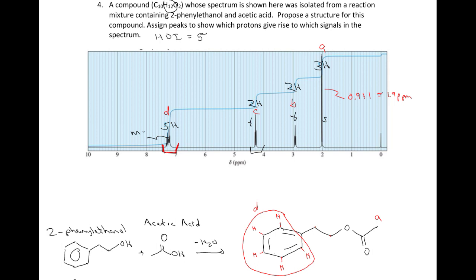So 1.2 plus 3 would give us around 4.2 parts per million. That lines up with this signal here, which is around 4. It's hard to see, but it looks like it's in the 4.2, 4.3 neighborhood. So it makes sense that that methylene would be represented by the letter C.